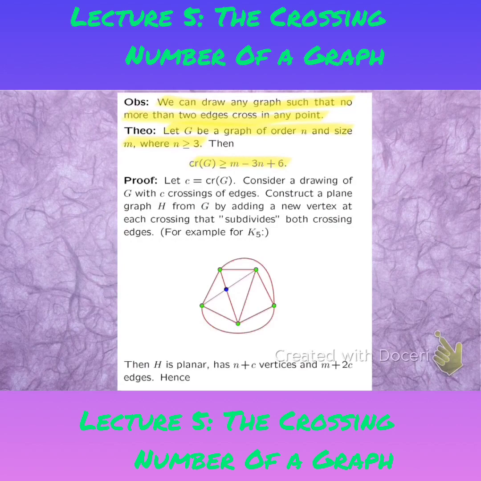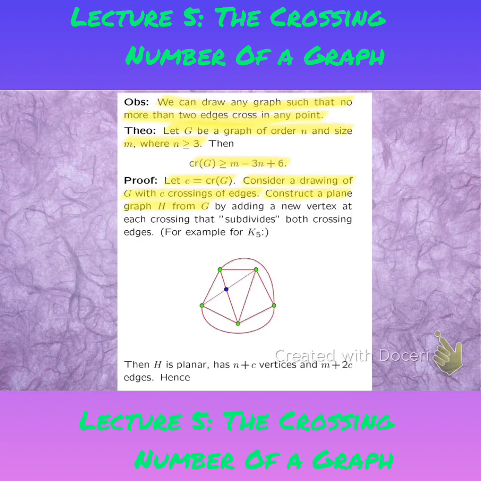So if you let C be the crossing number, then what we do is we convert this particular graph into a new graph by doing the following. You draw it such that it has C crossings, and then we construct a planar graph, H, from G, by simply adding a new vertex at each crossing.